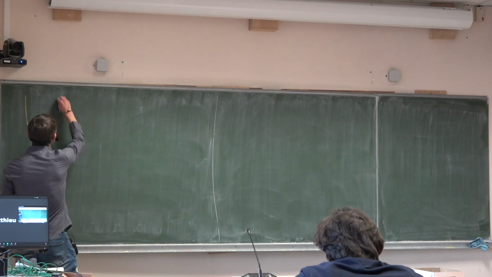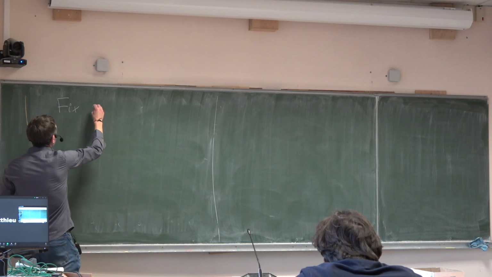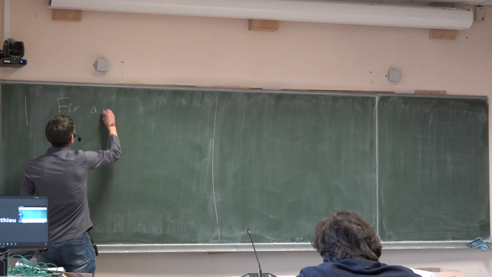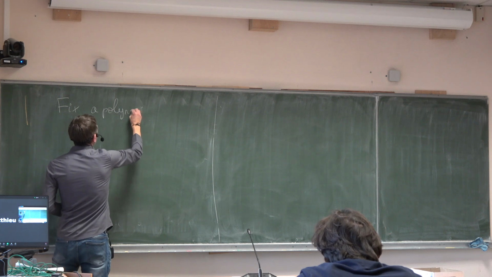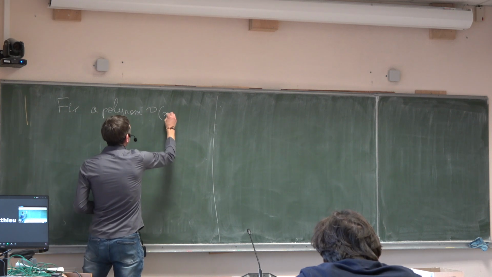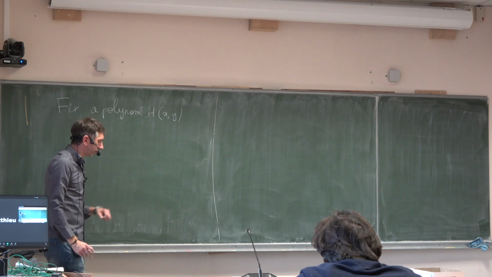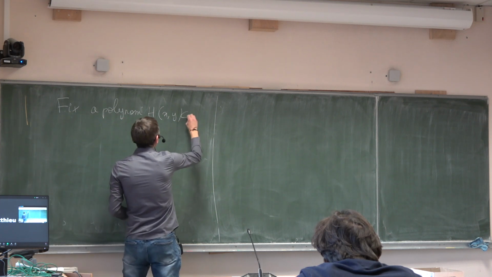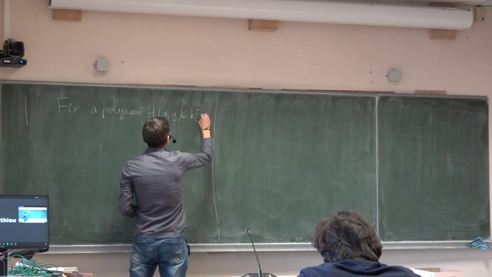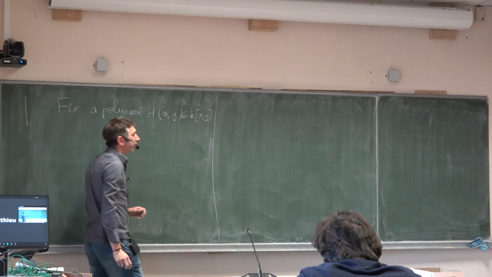So fix now a polynomial. I'm going to keep the notation, so h of x and y. And now I'm going to allow myself to work not only in the complex field, but in any field.